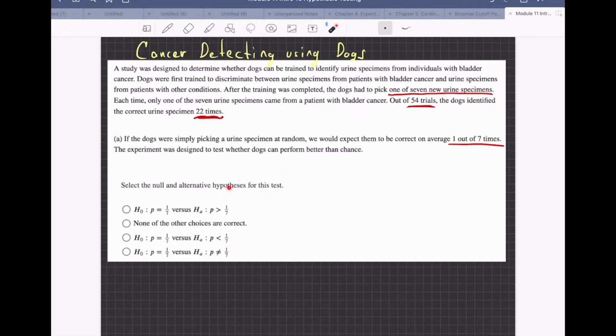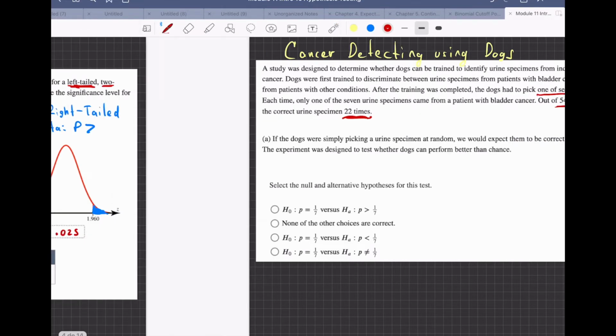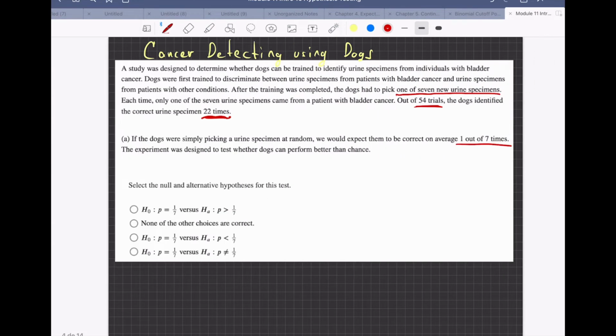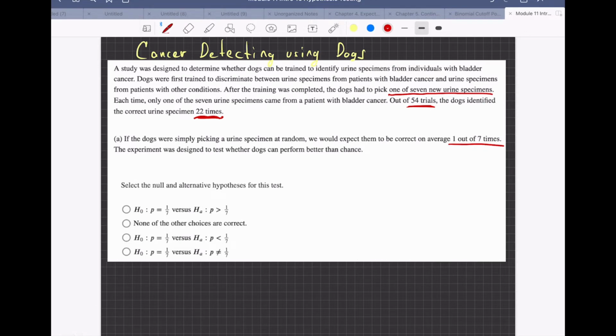So based on this, we have to perform a hypothesis test. All right, first, again, I'm going to follow the steps that I mentioned here, so you can get familiar with the structure. Again, this video is focused on proportions, but the structure is going to be essentially the same for any hypothesis test that we are going to be doing later. All right, so what do we have here?